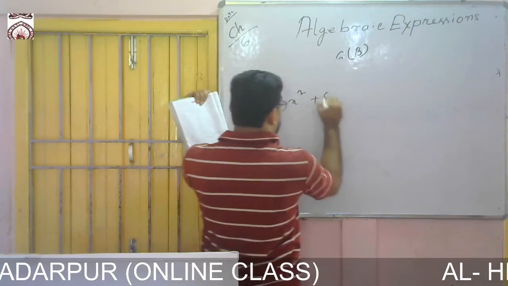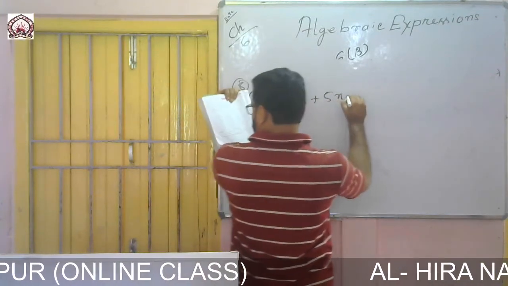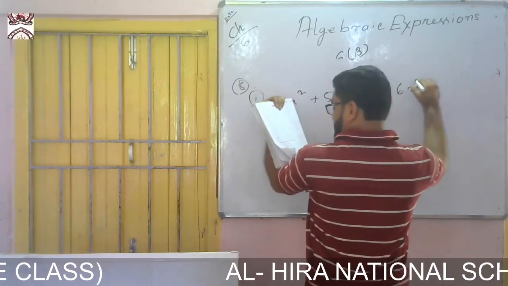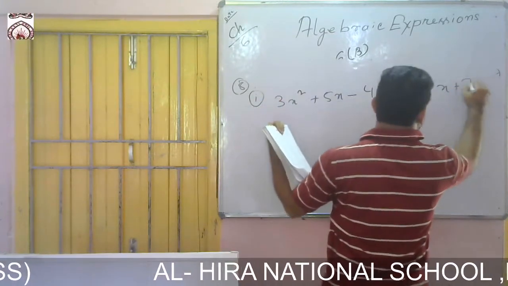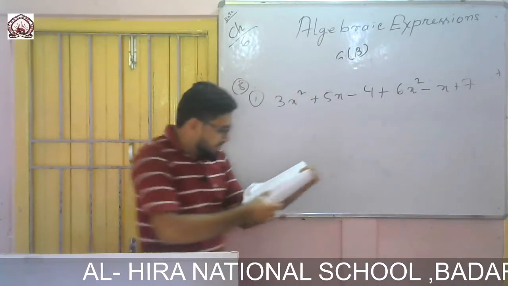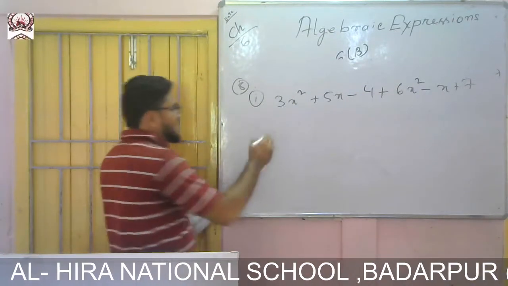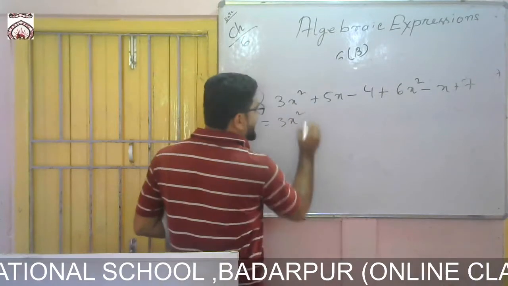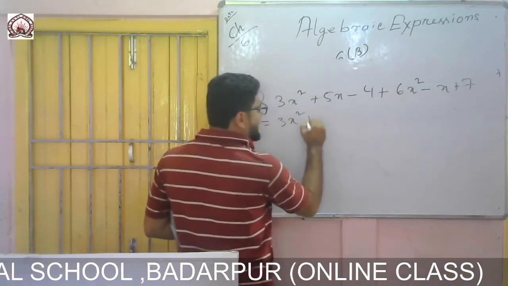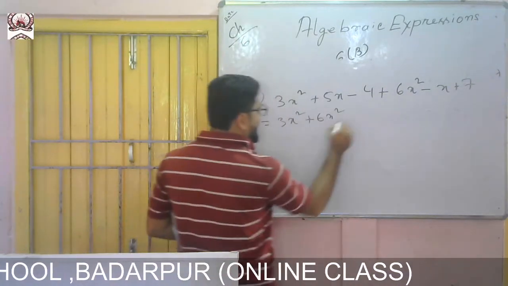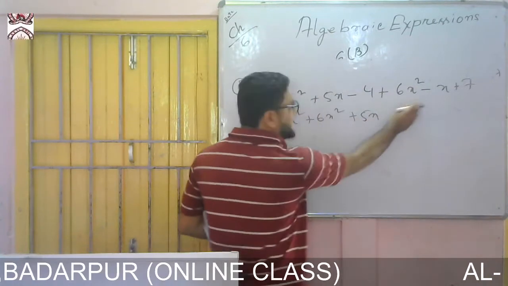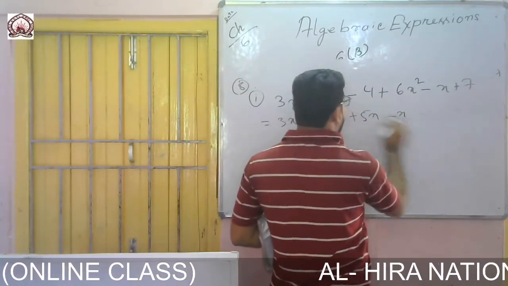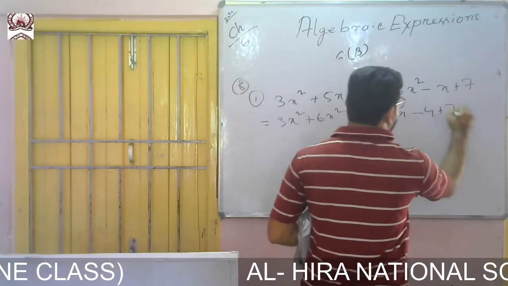3x square plus 5x minus 4 plus 6x square minus x plus 7. Okay, now you solve it. You take the like terms nearby, 3x square with 6x square, then plus 5x minus x, then minus 4 plus 7.